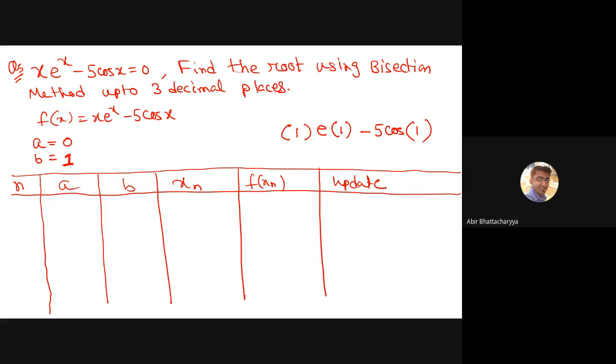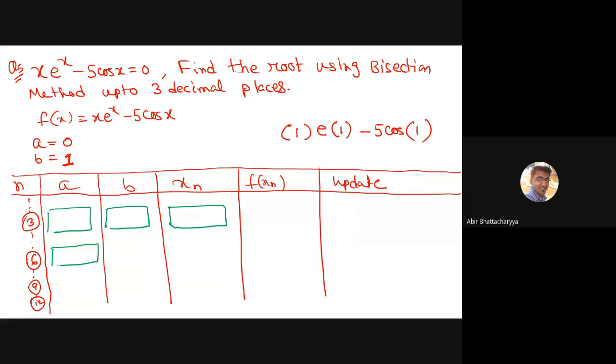I need your answer at the 3rd iteration, 6th iteration, 9th, and the last 12th. What you have to tell me is a, b, and xn in each of these steps: 3rd, 6th, 9th, and 12th.